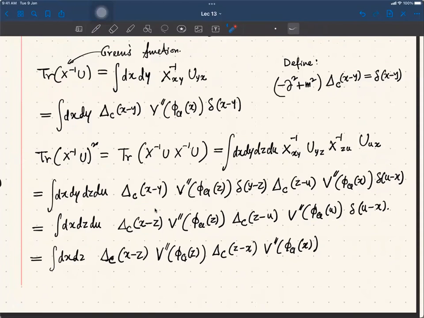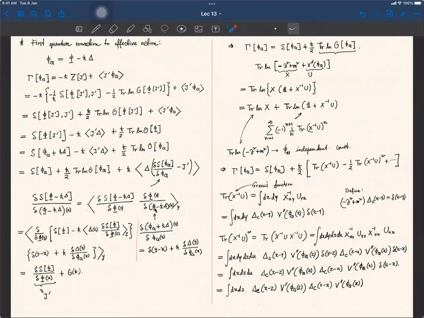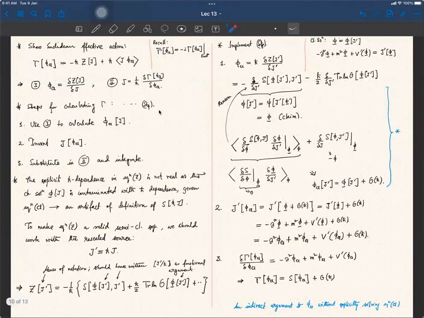So far what we have done here is calculate gamma up to order h bar, but then we had used an indirect argument, which is basically this claim.